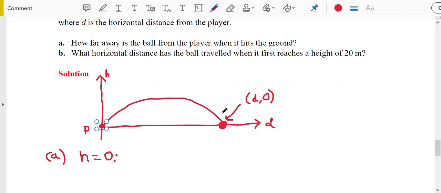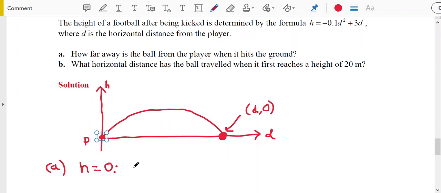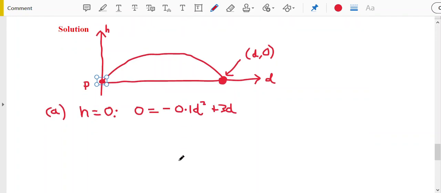So now I go back to the equation and I will say 0 equals negative 0.1 d squared plus 3d. And what I need to do is find the distance, d. Okay. So to solve this quadratic equation, again, I will need to do some sort of factorizing technique.